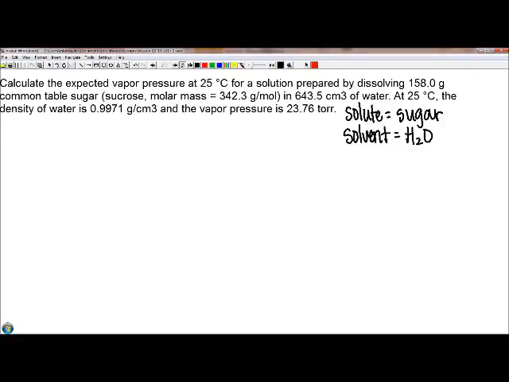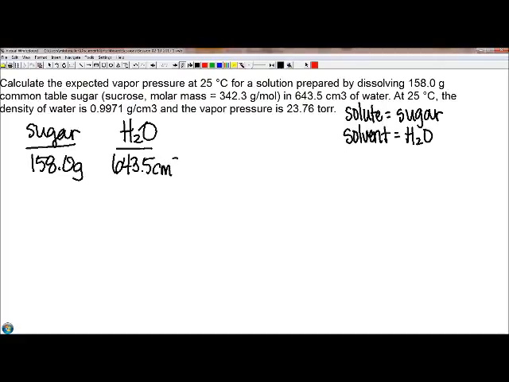Also, for the sugar, we have 158 grams versus the water, we have 643.5 cubic centimeters. And if the density is very, very close to 1 to 1, that would be 643.5-ish grams. I just wanted to point that out.